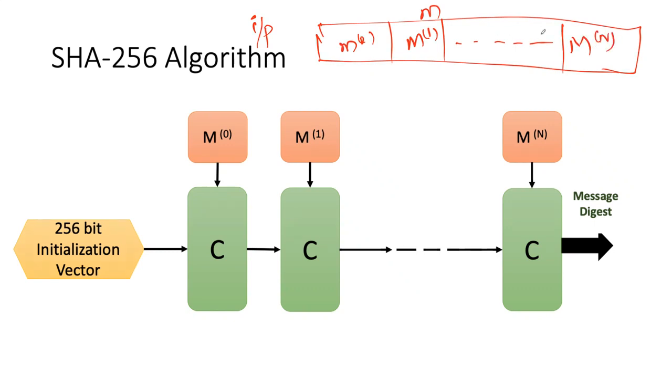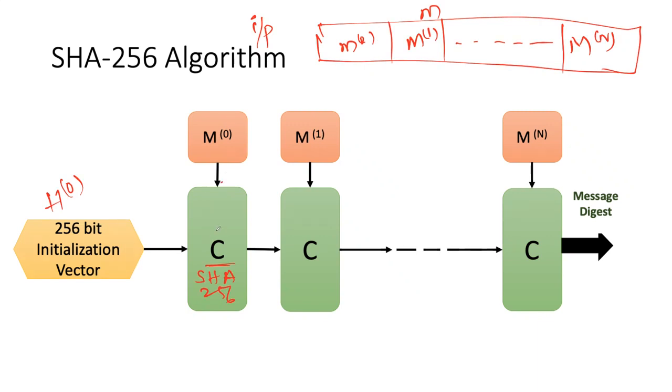These blocks are taken as input, and there will be an initialization of your first hash value. That initial hash value is a 256-bit initialization vector, made up of eight 32-bit words. It is given as an input to the secure hash algorithm 256 compressor, and another input is the first block of the message.